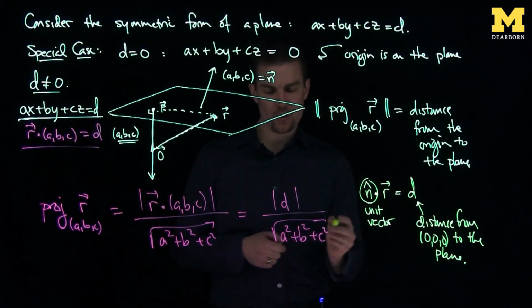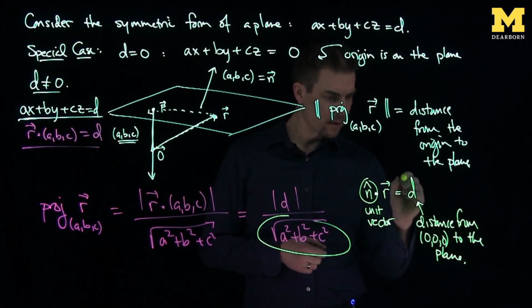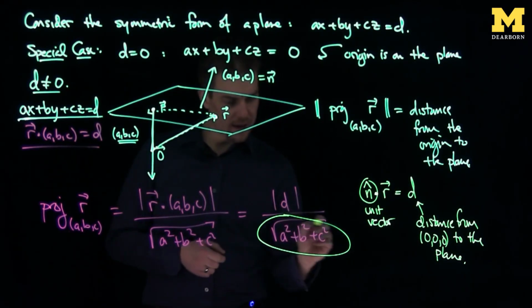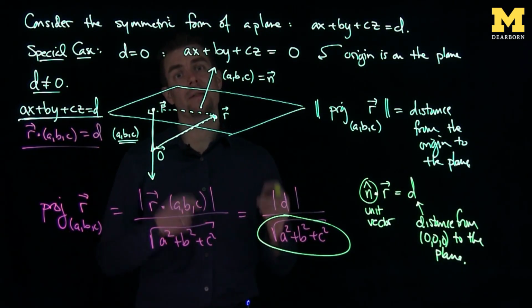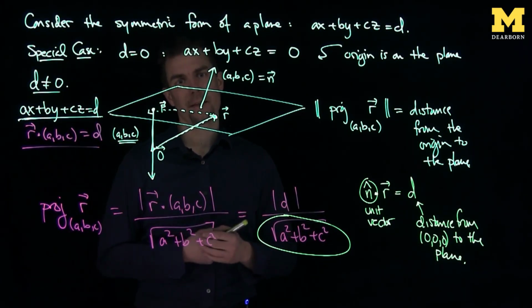If it's not a unit vector, we have to divide. I put absolute value there. We have to divide by what? We have to divide by the length of the normal vector that is on the left-hand side of the equation. Thank you very much.